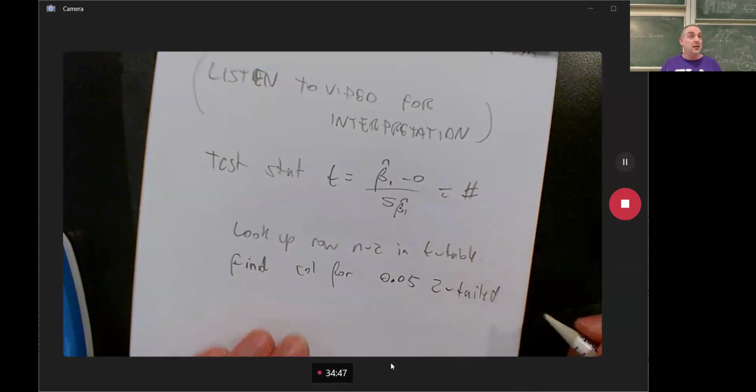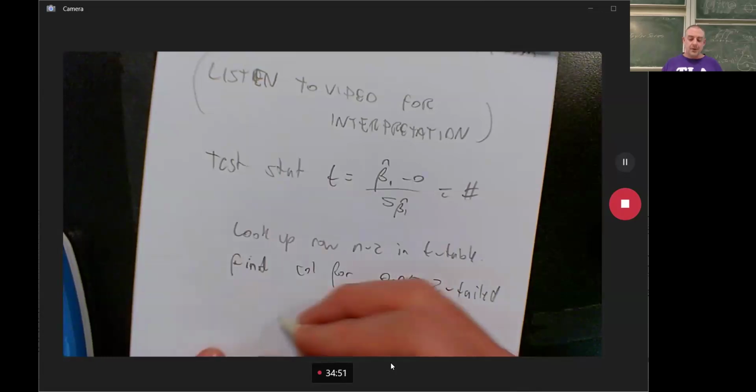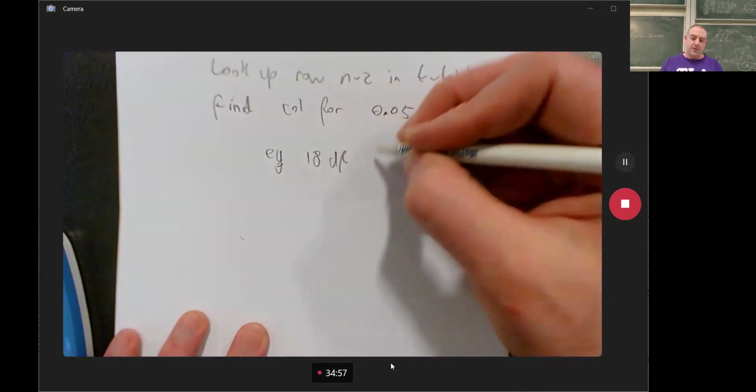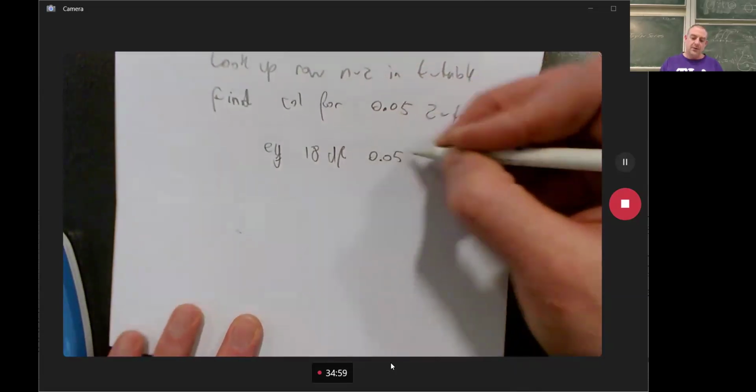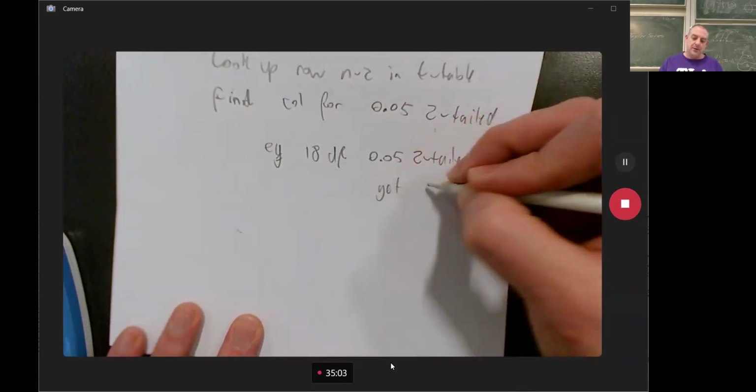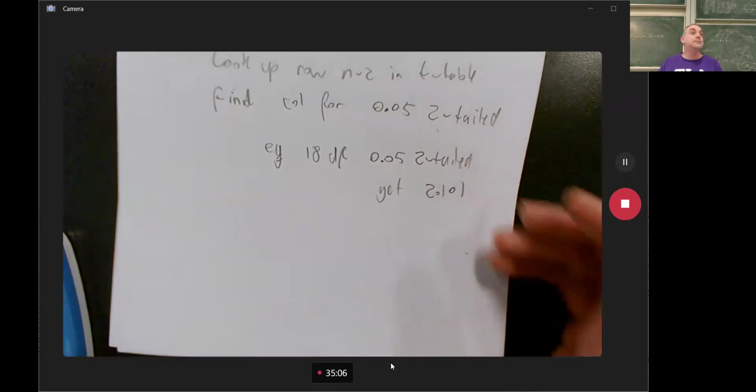There'll be a number in that spot. E.g., for 18 degrees of freedom and 0.05 two-tailed, you get 2.101.